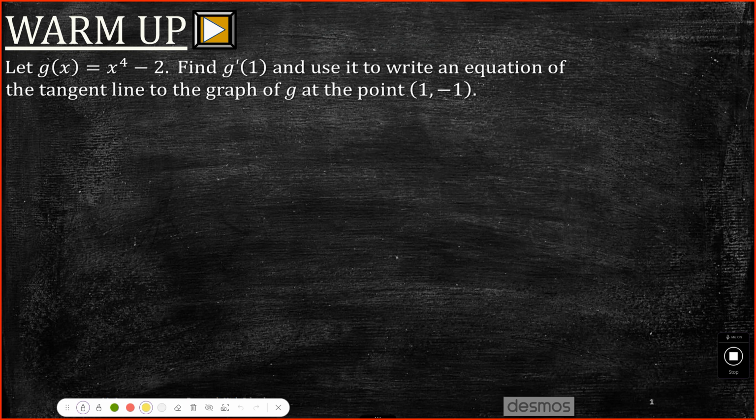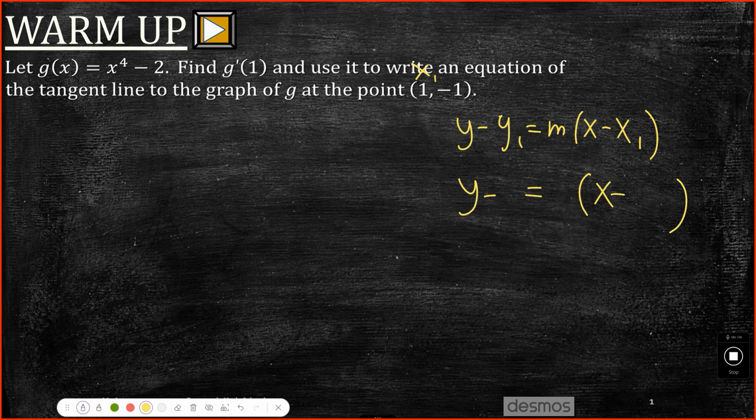Most of the information is y minus y1 equals m times x minus x1. We plug in x and y, and we got our x1, y1. So x minus 1, and y1 is minus 1, which makes it positive 1. And we're trying to find this. We need calculus.